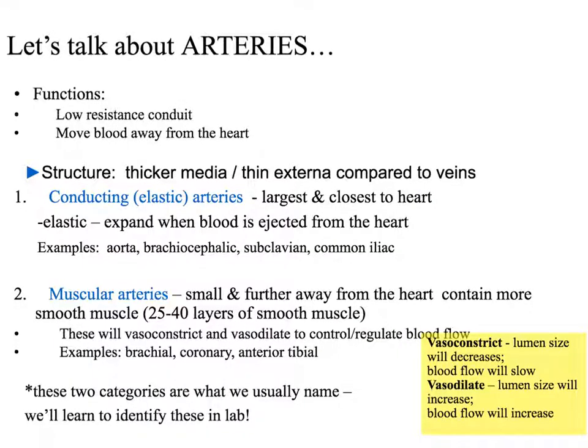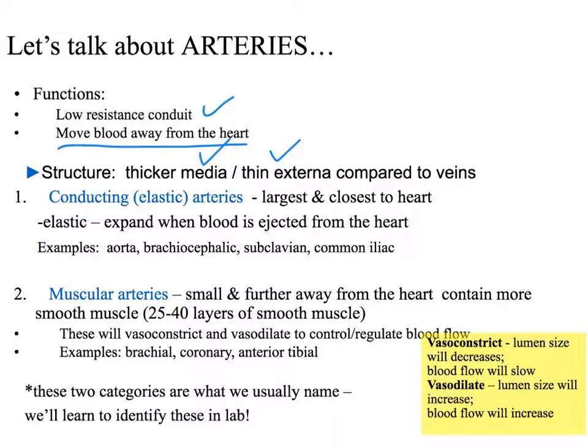Okay, so first we're going to start with arteries. Arteries are low resistance conduits, and that means they're tubes, and there's not a lot of resistance in them. Their job is to move blood away from the heart. The structure is they have a thick tunica media and a thin externa.